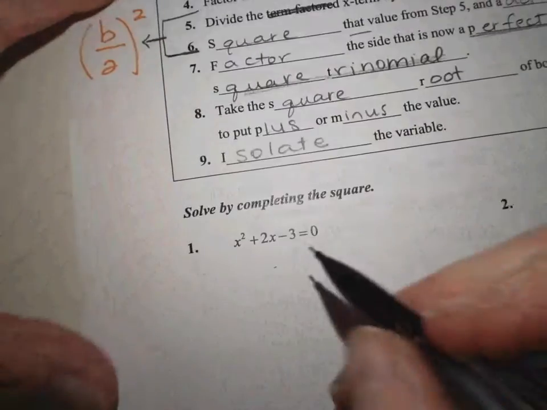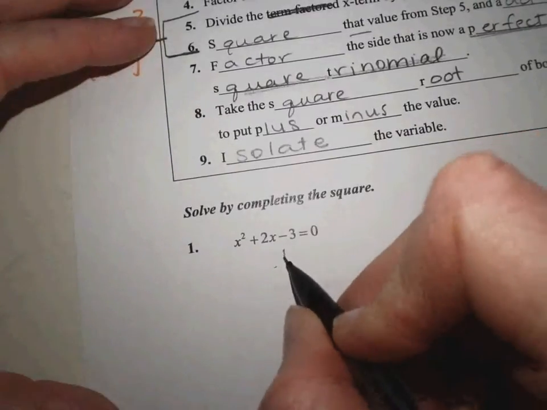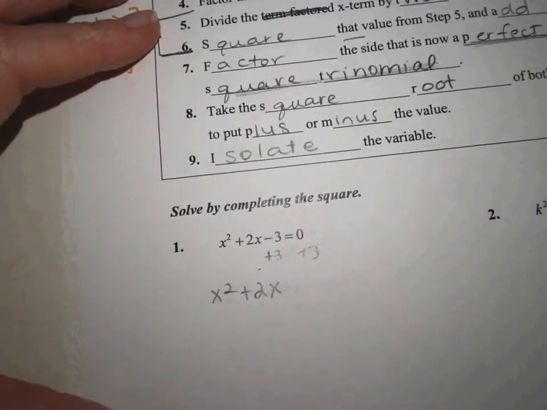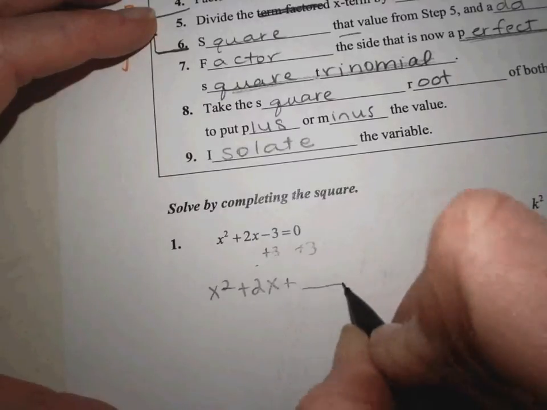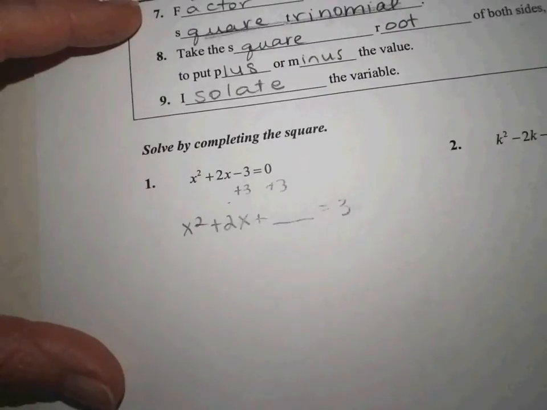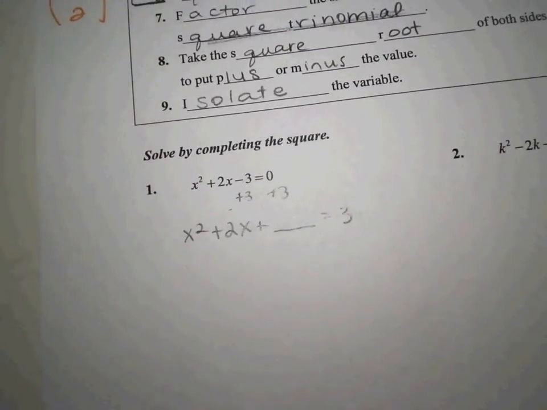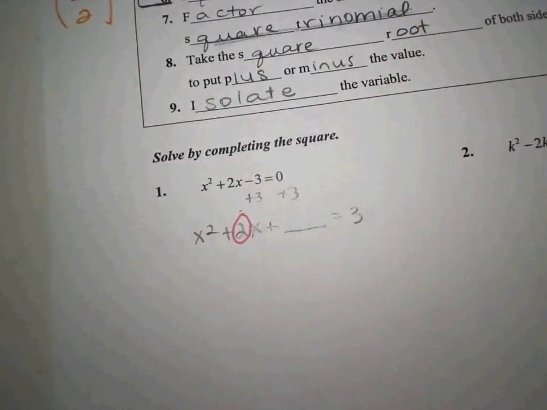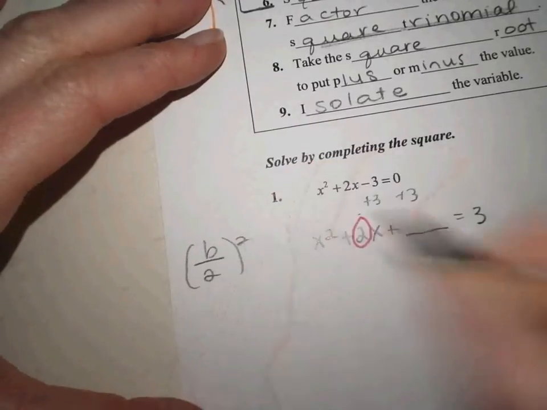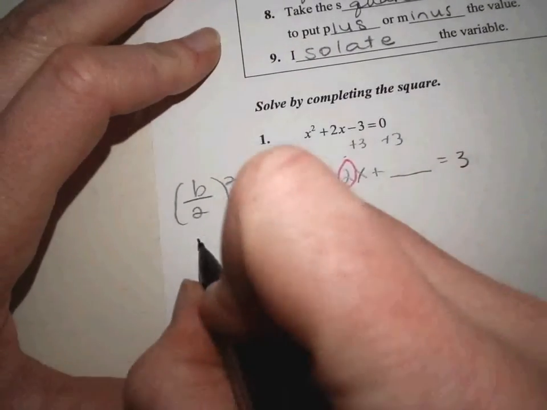So we'll give it a shot. Number 1, isolate c. So we'll add 3 to both sides: x squared plus 2x. Now this is the something different. We'll add a blank. The thing that we'll be adding to both sides is the result of taking the b value, 2, dividing it by 2, and then squaring it.